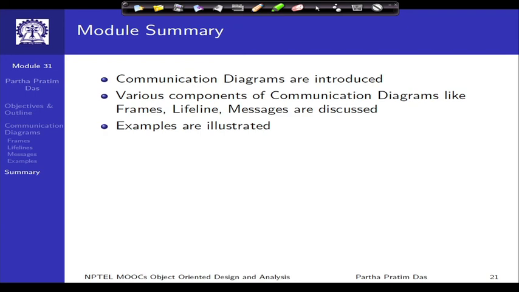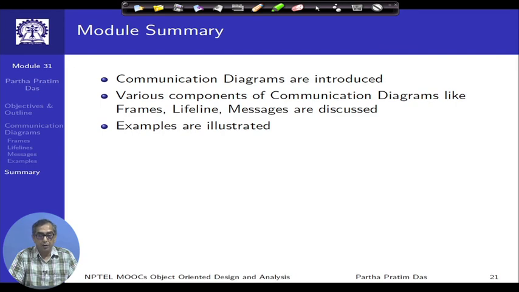In this module we have introduced the communication diagram, and we have made references to how closely it relates to the sequence diagram and their interoperability. The sequence diagram is a temporal behavioral diagram for interaction, and the communication diagram is a spatial behavioral diagram for interaction.